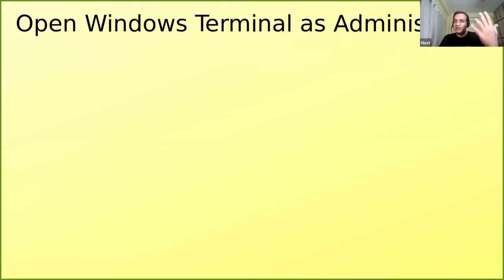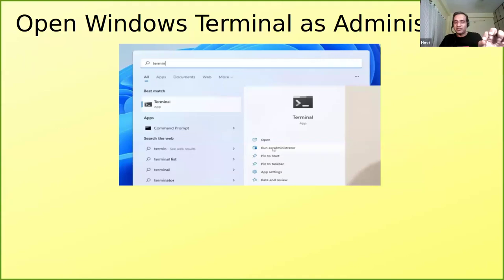I mean you have a terminal, and that terminal you need to open as administrator. You see from the start menu, we are searching for the terminal and over here we are running it as an administrator. You need administrator privileges in order to install WSL. That's pretty obvious, right?